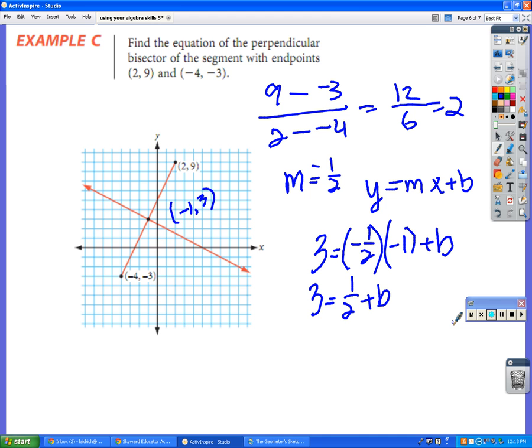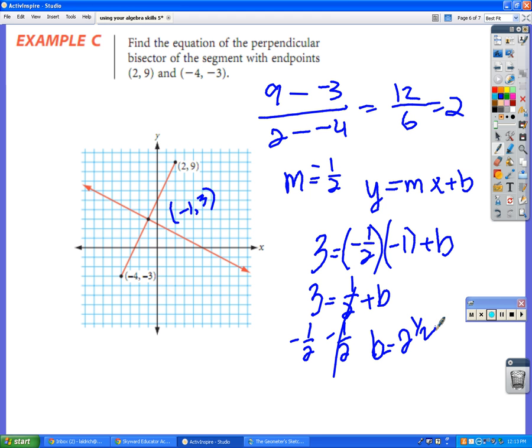How do I solve that for b? Subtract 1/2. This 1/2 is being added to the b, so I need to do the opposite of that, which is subtracting. So those cancel, and b is 2.5.